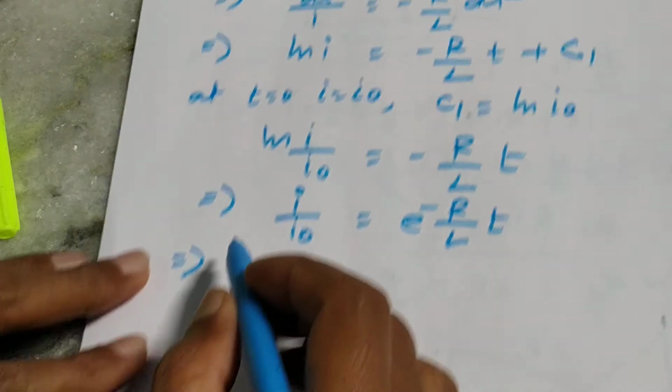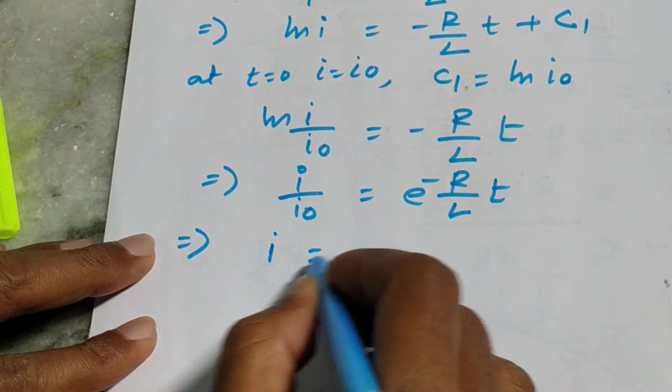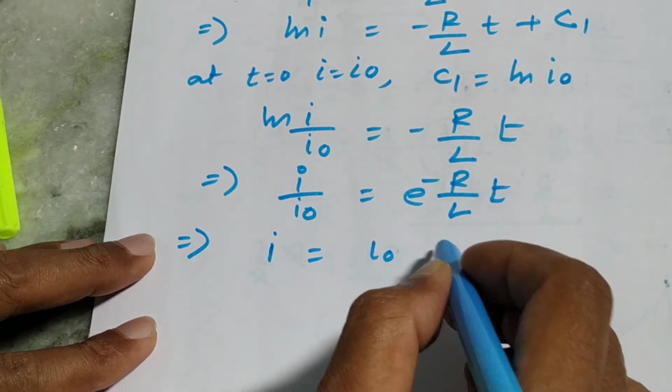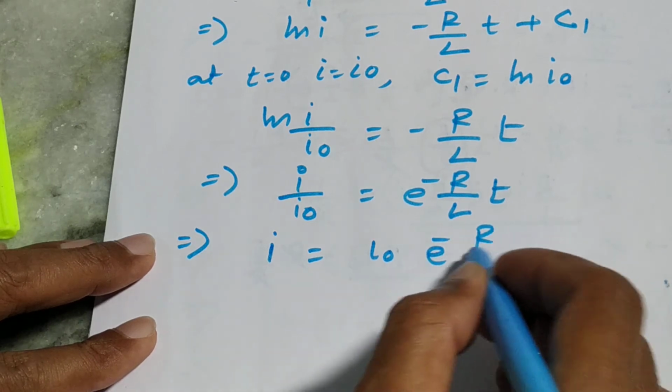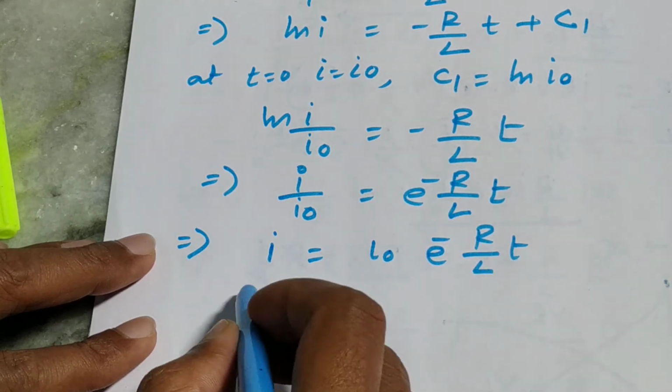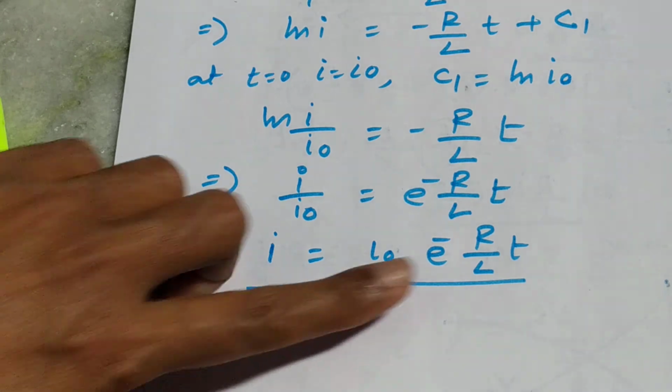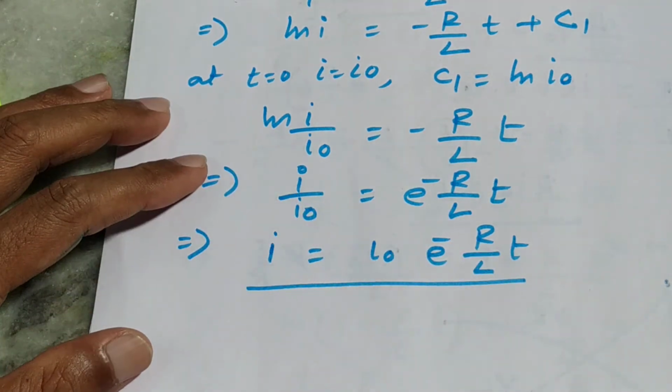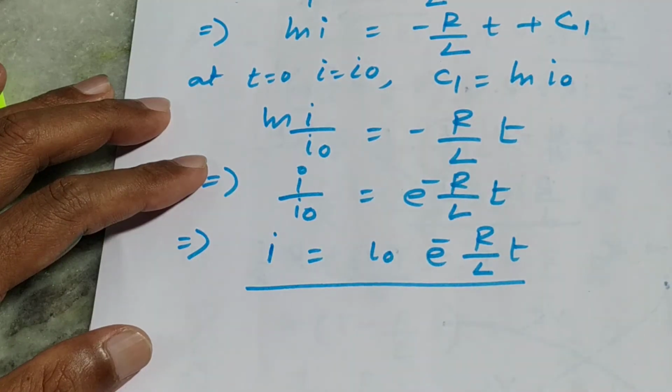Or I equal to I0 exponential minus R by L t. This equation represents the decay of the current in the series LR circuit.